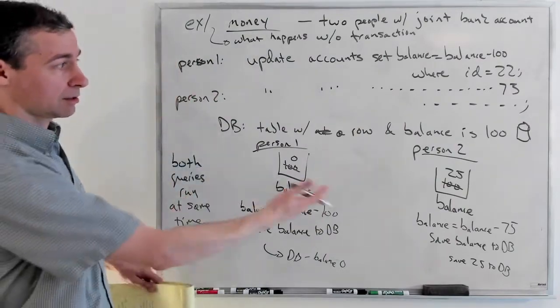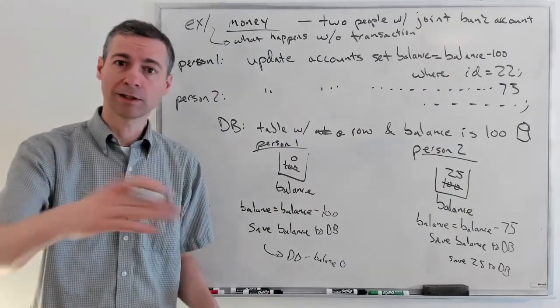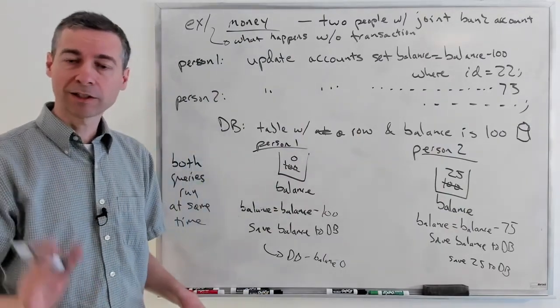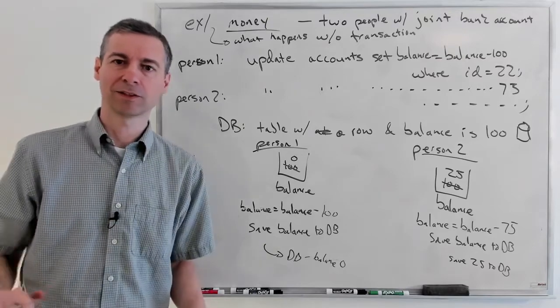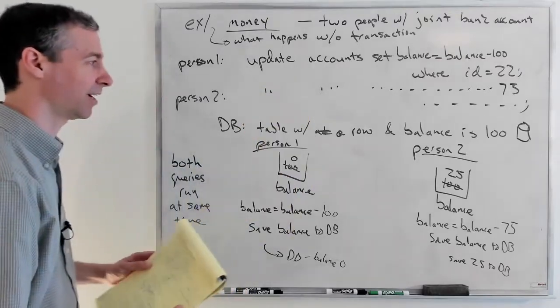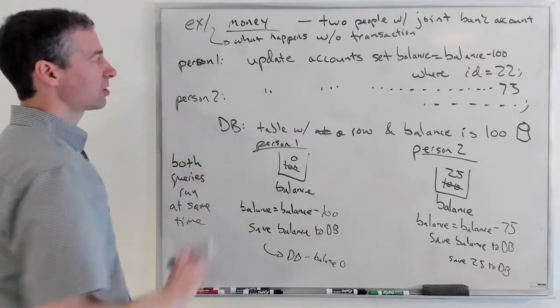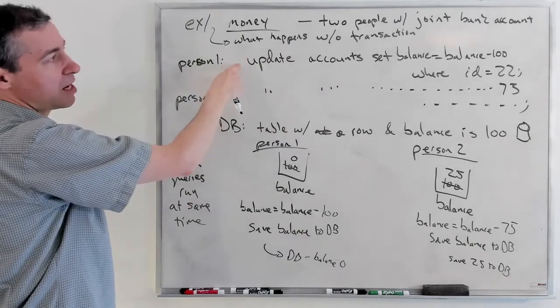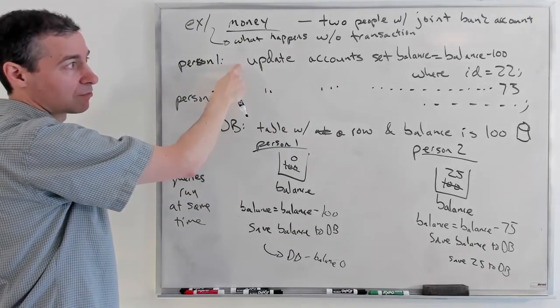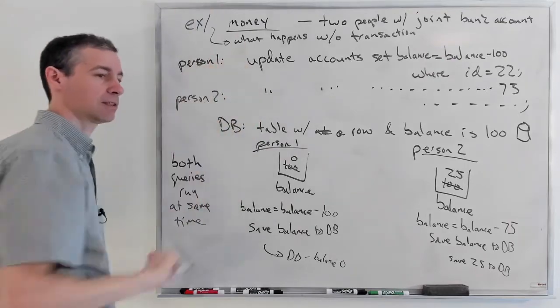Now this couple is quite happy. They've just spent $175 and they started with $100 and they have $25 left in their bank account. The bank is very unhappy. Okay, so we need transactions such that this statement happens and then this statement happens, or this statement happens, then this statement happens.